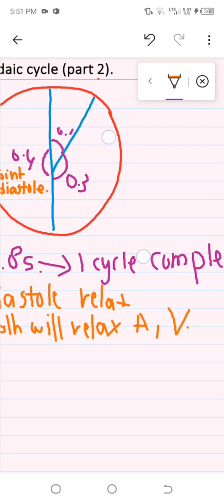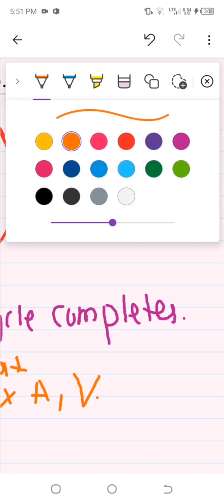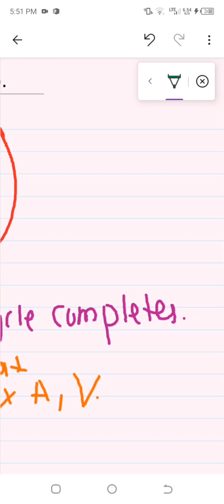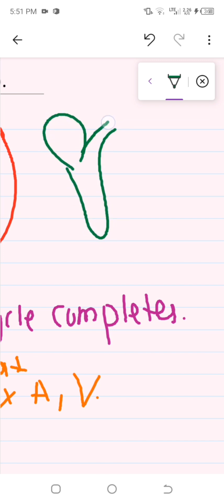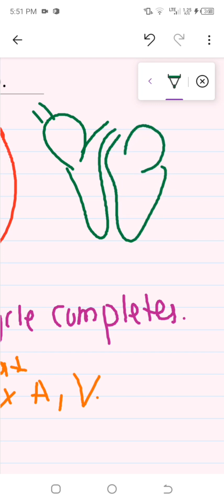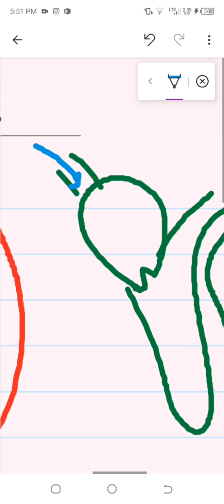As you can see, I have drawn a rough diagram of the heart.